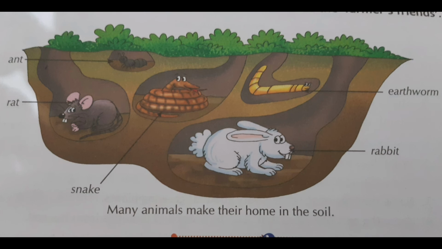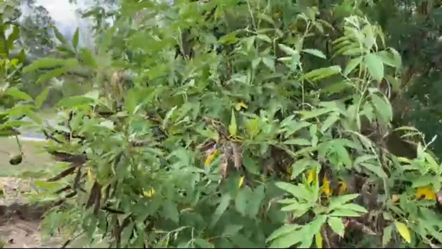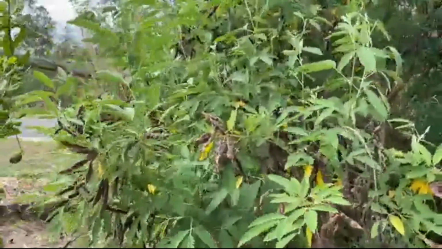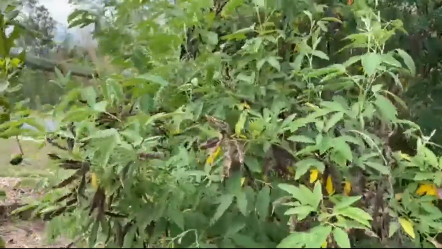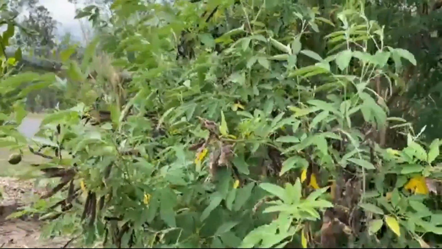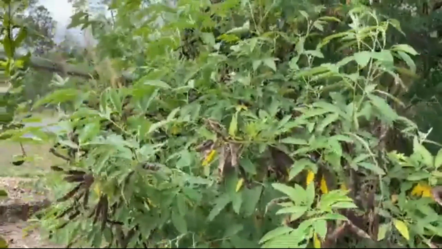So, the soil in which earthworms are present is also good for growth of plants. In the figure you can see rats, rabbits, snake, ants, etc. They also reside in the soil. So soil is home for many animals.